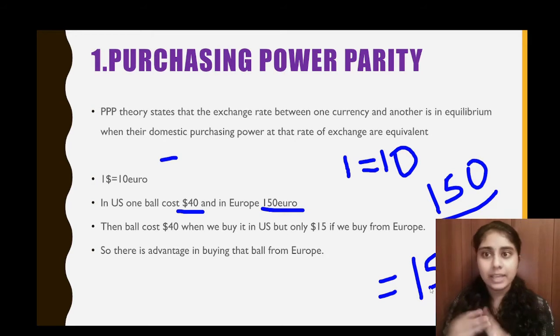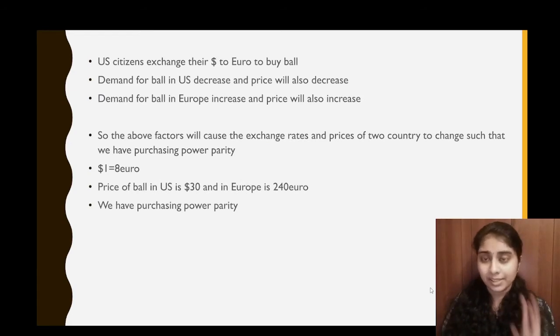So in this way, the customers will take advantage and three situations will result from this. We can see the three conditions. First one is that in order to buy the football at $15, the US citizen will exchange their dollars to euros and then buy the ball at 150 euros.